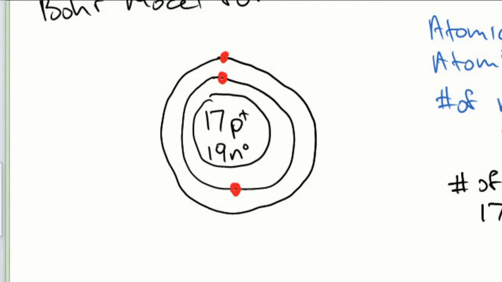So there's 3, there's 4, there's 5, there's 6, 7, 8, 9, and 10. So the first 2 shells can hold a maximum of 10. 2 in the first shell, 8 in the second. So we have 17 electrons.